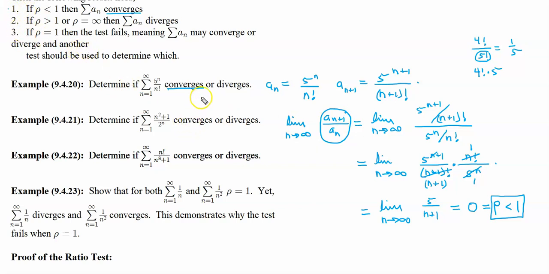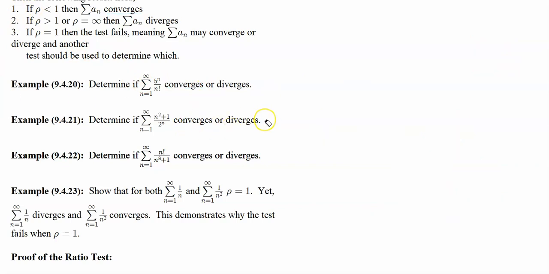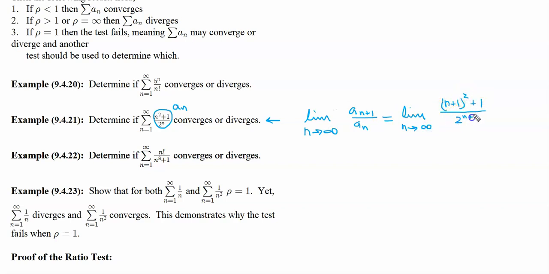Let's take a look at another example. Let's consider this one. So we want to look at the sum from 1 to infinity of n squared plus 1 divided by 2 to the nth power. So in this case, these are the a_n terms. And so if we look at, okay, so there's a_(n+1), that's this, divided by a_n.